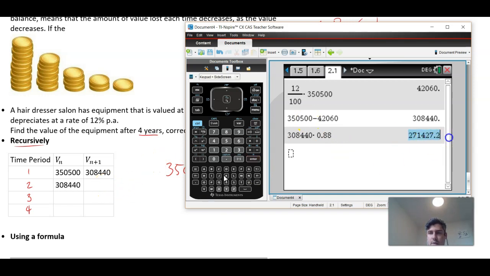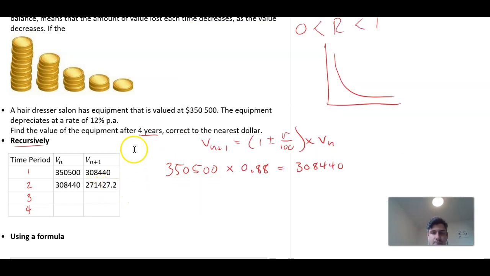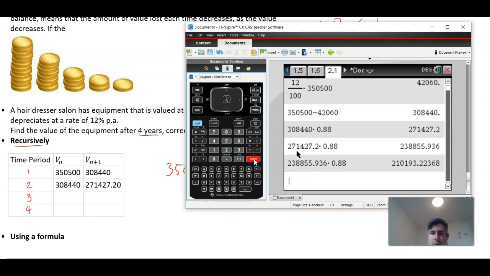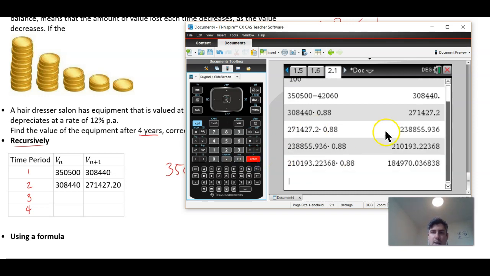So I'm just going to copy paste that in here. Now if I want to do it faster, I can press answer times 0.88, and this means I can keep pressing enter and it will keep doing the calculation again and again.